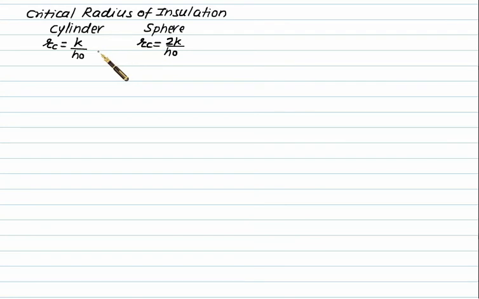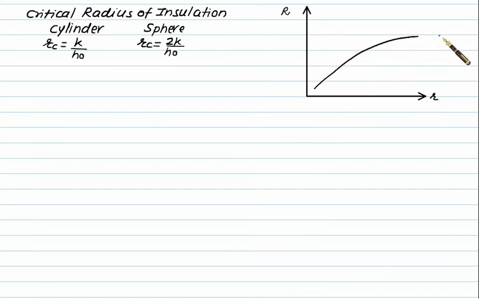The conduction resistance in the case of the cylinder as well as the sphere will go on increasing as we add insulation thickness. The convection resistance will go on decreasing. This point represents when the cylinder or the sphere is bare, let's say equal to R1, and this represents the total resistance.